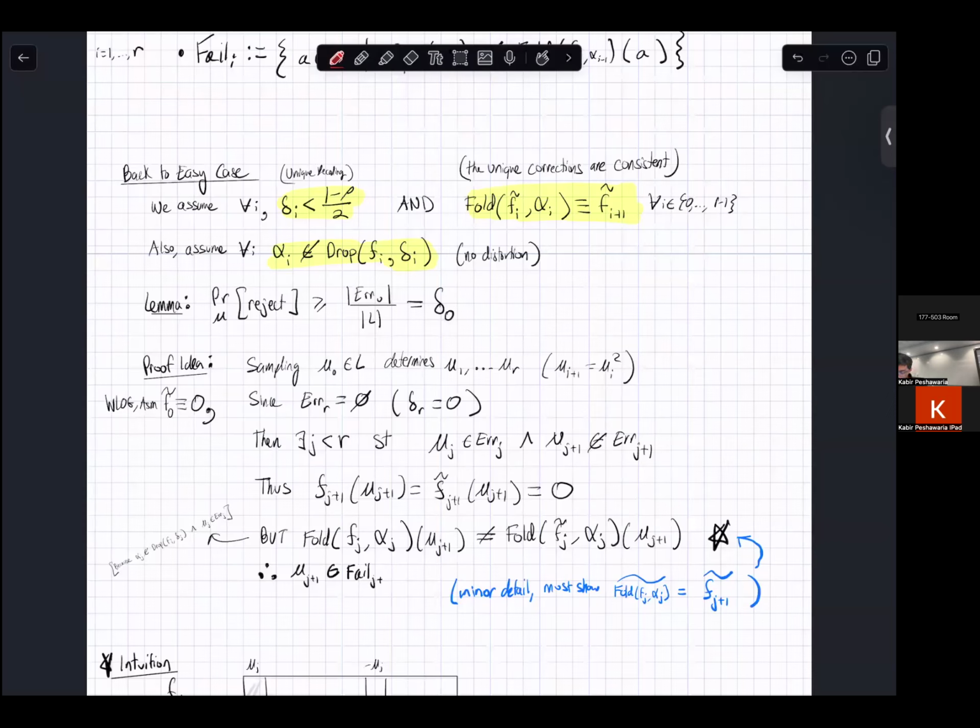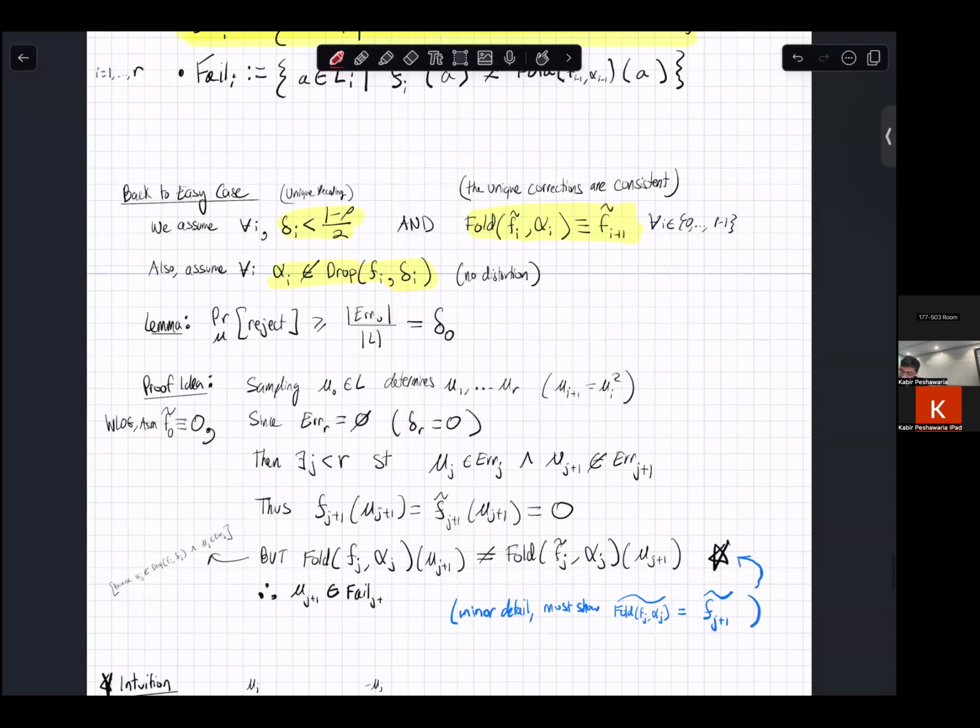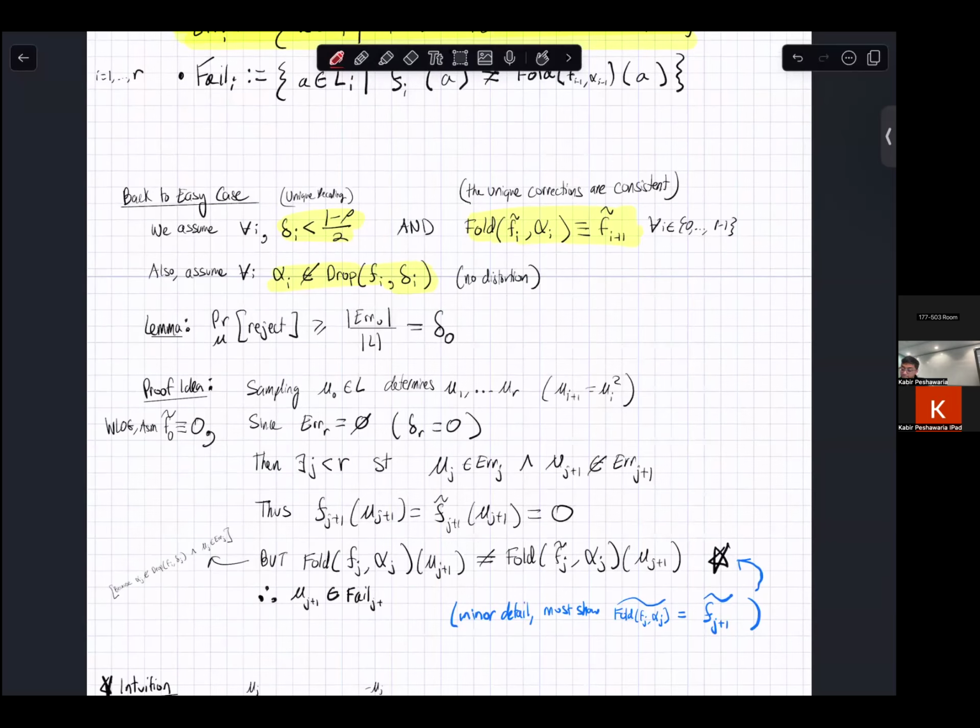The lemma that we can prove is that the probability that we reject is basically the size of the error of 0 over the domain size L, which is the exact same thing as delta 0, how far away our initial word was from the code.